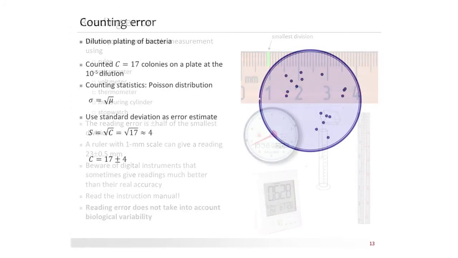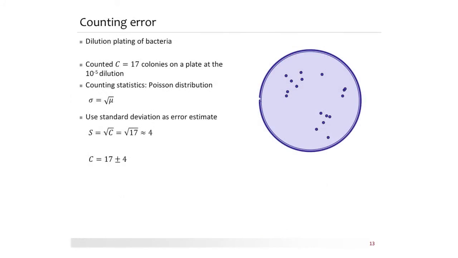And another error which is quite easy to establish is counting error, and it comes from Poisson distribution, which we discussed a week ago. So come back to our example with dilution plating of bacteria. You have a plate and if you count it, there are 17 colonies here.